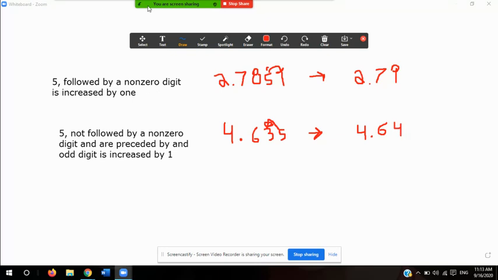And we're going to do the last rule of 5. Okay. So again, if 5 is the last significant figure, and I look at the number before it and it's an odd number, then I am going to increase it by 1.